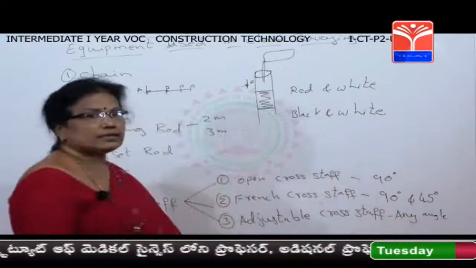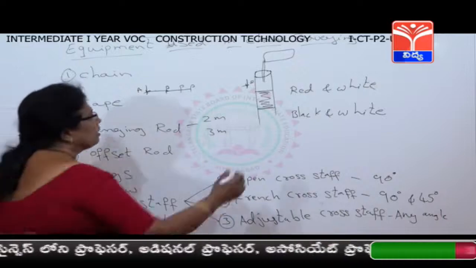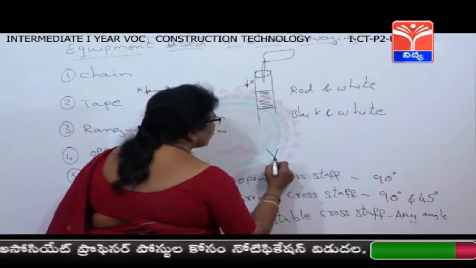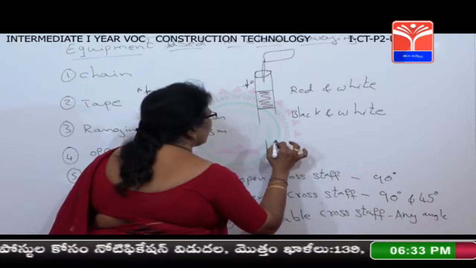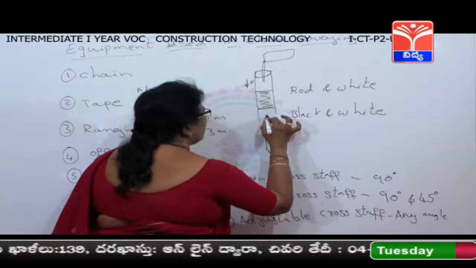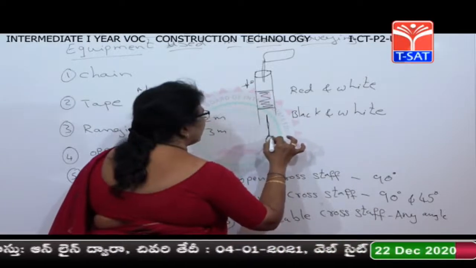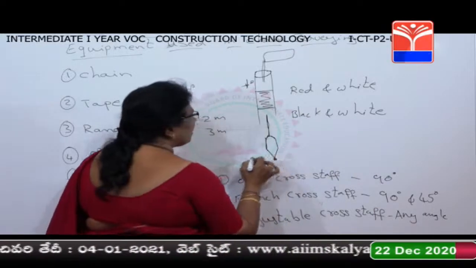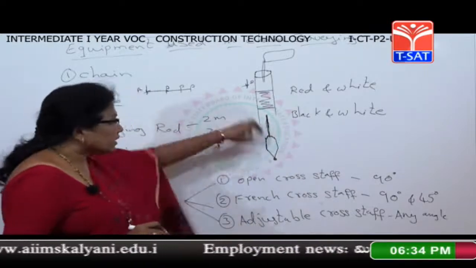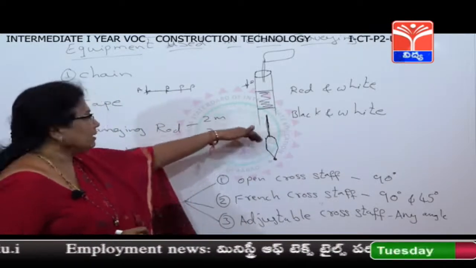So, next is coming to the plumb bob. You might have seen this plumb bob, for which a long thread is tied. Generally, a mason uses it to check the vertical line.